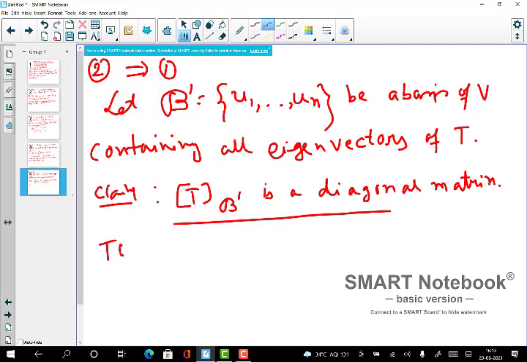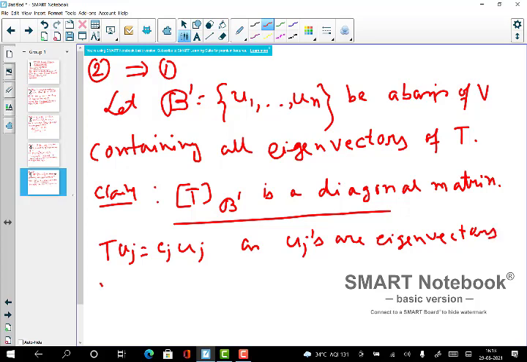That means T of uj is equal to some cj uj, as the uj's are eigenvectors of T, right? So there exist some cj's such that T uj equals cj uj.